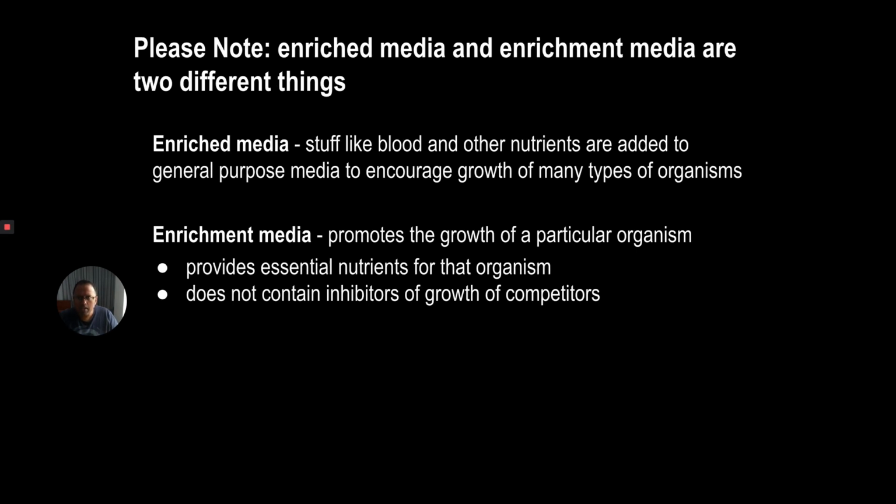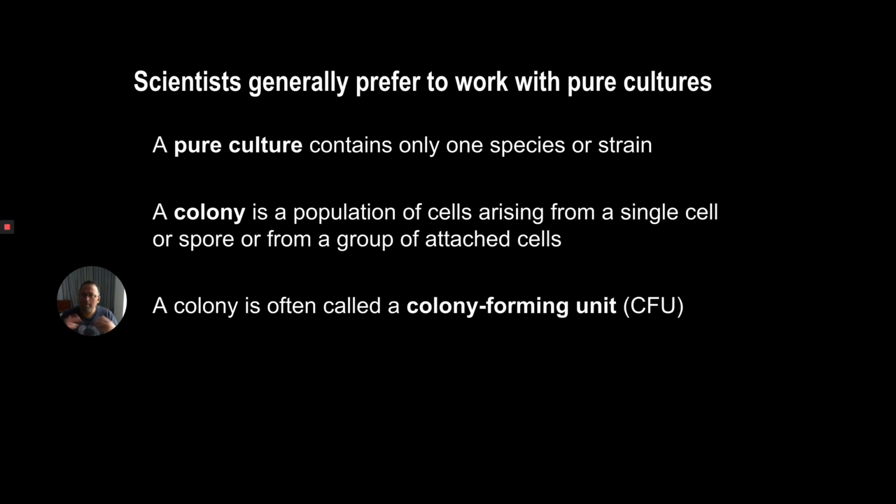And generally, we scientists like to work with something known as a pure culture. A pure culture contains only one species or strain. And a colony is a population of cells arising from a single cell or spore, or from a group of attached cells. A colony is often called a colony-forming unit. Now, why do we like pure cultures?